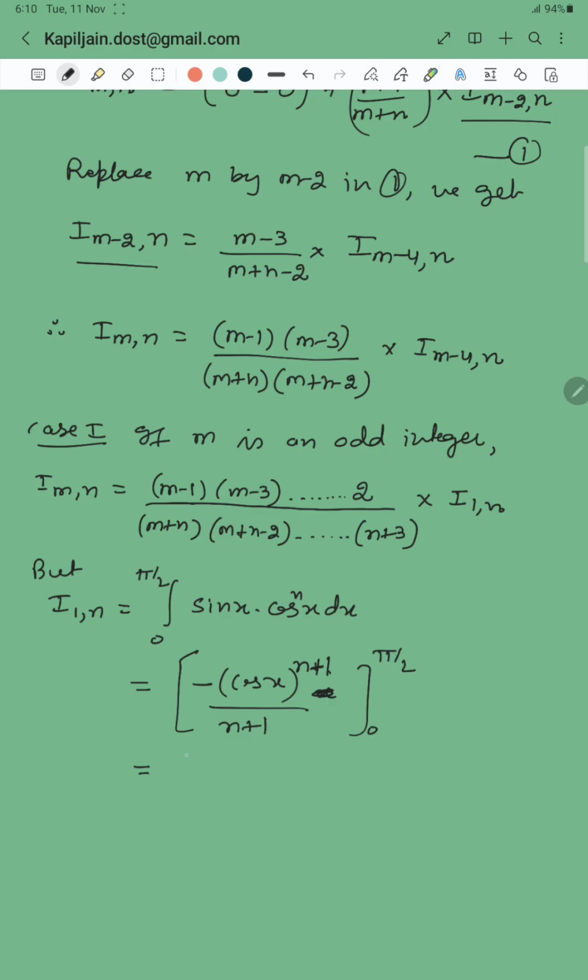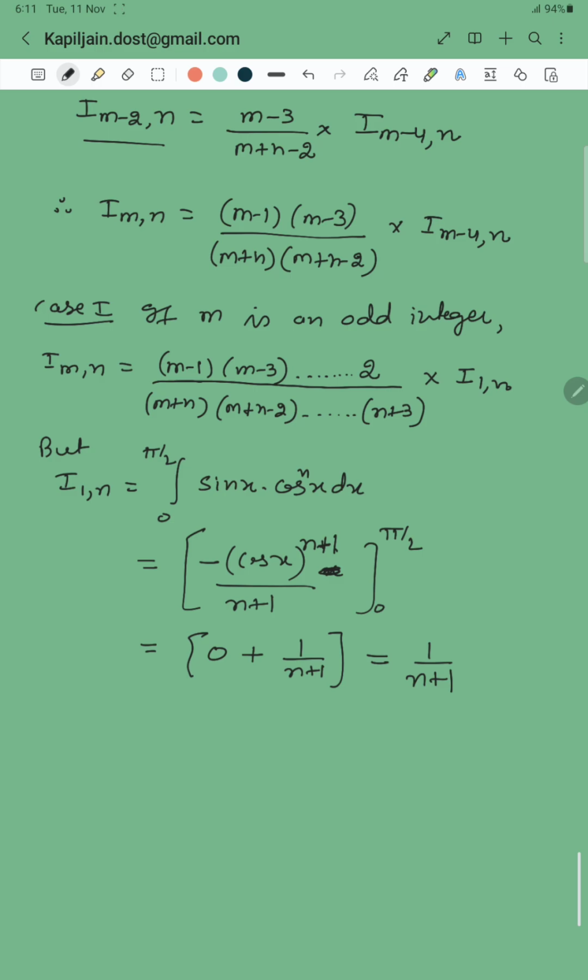So if we put upper limit pi by 2, we know that cos pi by 2 is 0, so 0 minus, and minus minus plus, and if we put x equal to 0 lower limit, cos 0 is 1, so 1 by n plus 1.